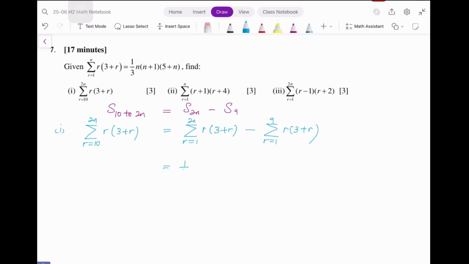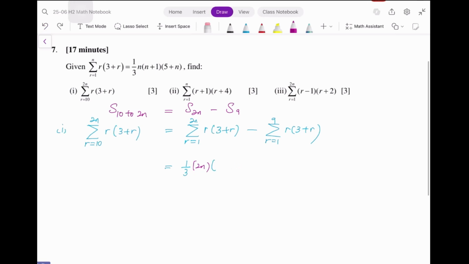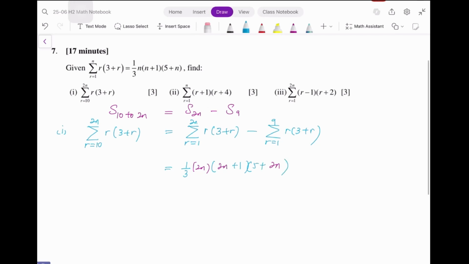So we have 1 over 3 times 2n, times (2n plus 1), times (2n plus 5). That is applying the formula for 2n.